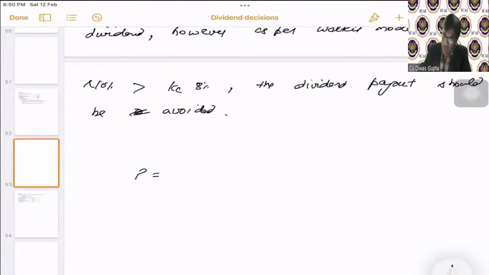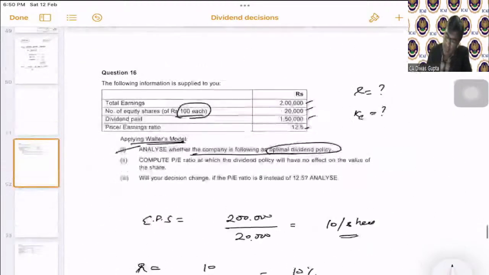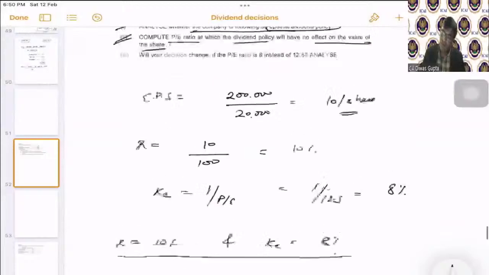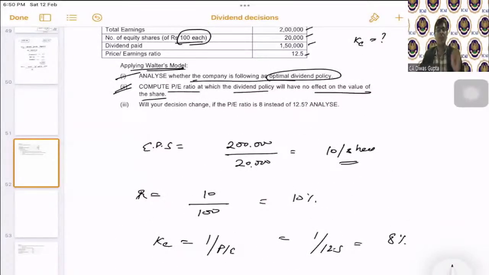Okay, is the question asking us to calculate the price? Just a second. Let's see first. No. Now the second part, compute the PE ratio at which the dividend policy will have no effect on the value of the share. Now students, this point is very critical. Now they are saying that compute a PE ratio at which the dividend policy will have no effect. That means whatever dividend you pay, it will not impact the value of the share at all.